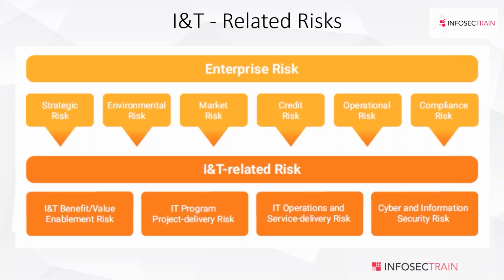Those risks are not in silos, because for any strategy formulation, various tools are used for data gathering, data analysis, and all. For environmental risk, technological systems are also used. Definitely market risk nowadays involves social media and various other electronic means. Credit risk we can consider more from a financial perspective, but definitely it will have IT as a backbone.